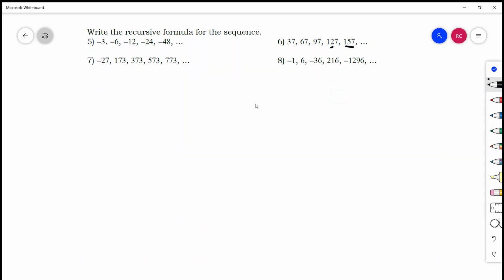So problem number 8, so we have the second term is minus 1 times negative 6.